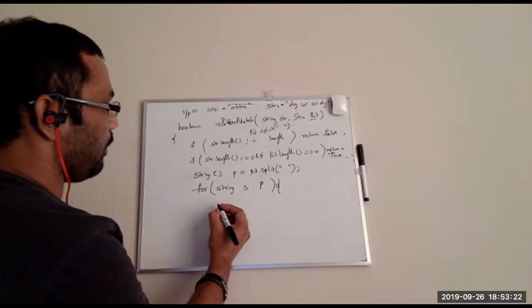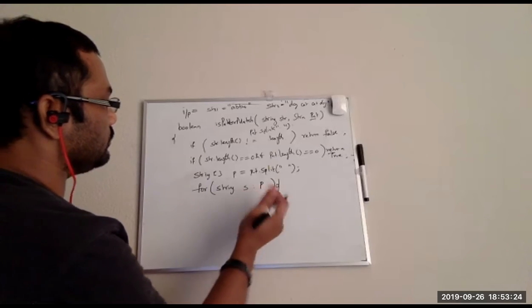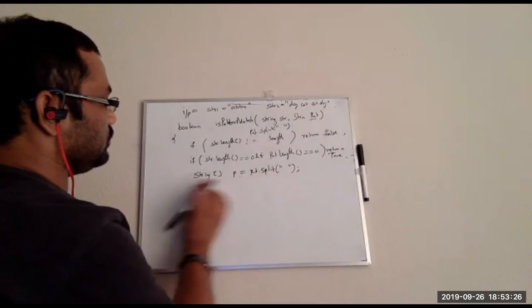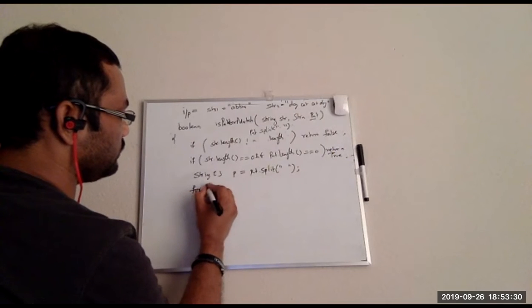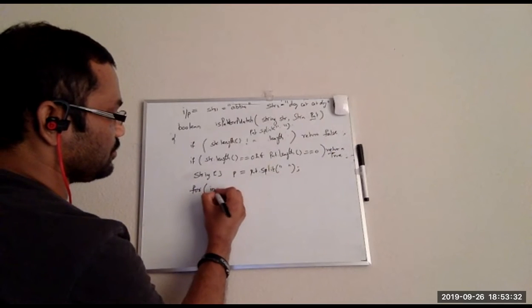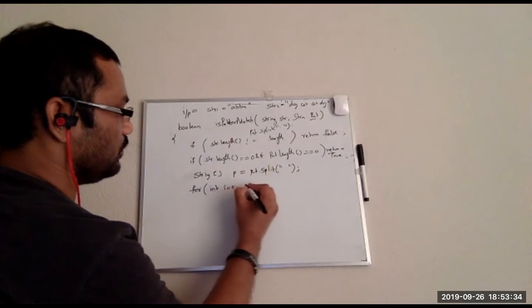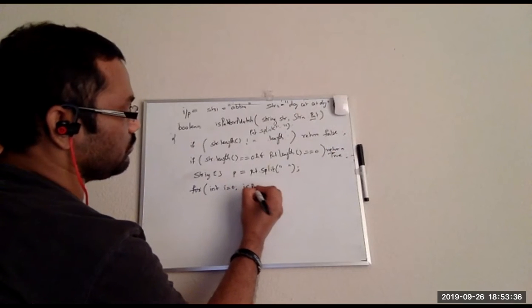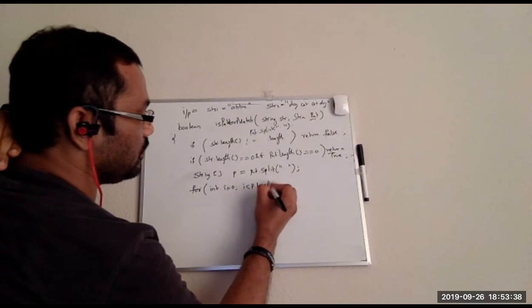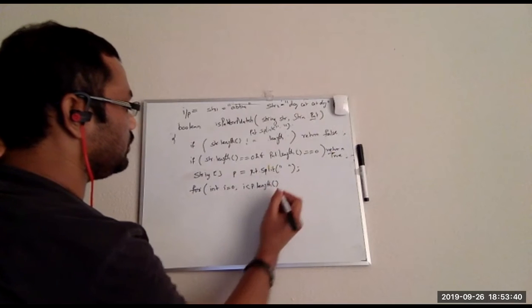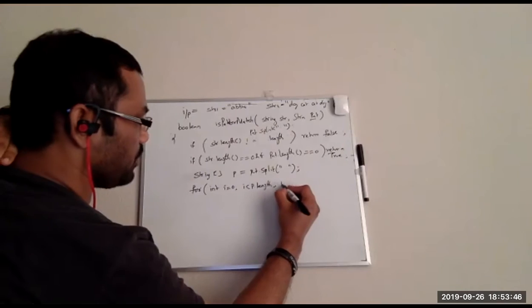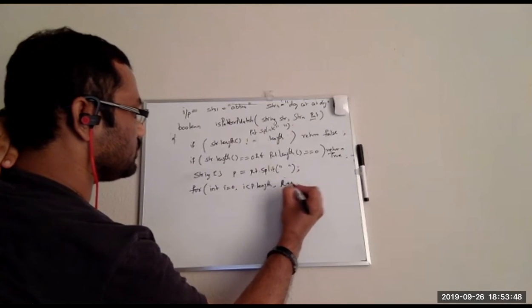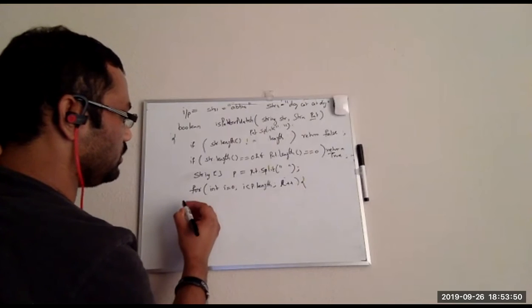So instead of using a for each loop, I don't want to do it twice. So I can use int i is equal to 0 and i less than p dot length, and i plus plus.